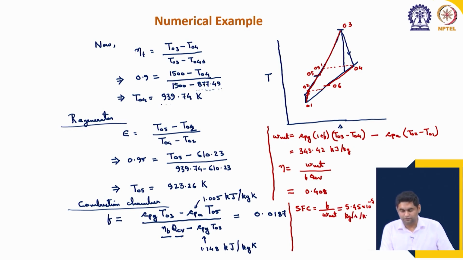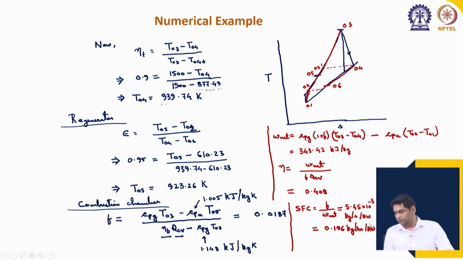As I was saying, this is a very small value. So, we should convert it to a more practical value, which is kg per hour per kilowatt, which we obtain by multiplying by 3600. So, then we get a value of 0.196. So, 0.196 kg per hour of fuel is required per kilowatt of the power generated.